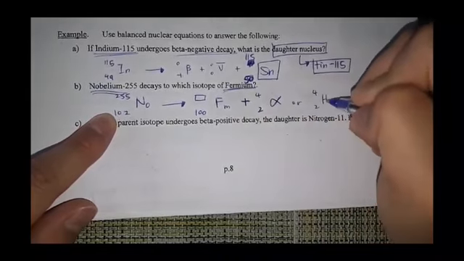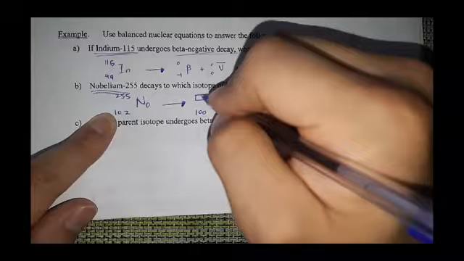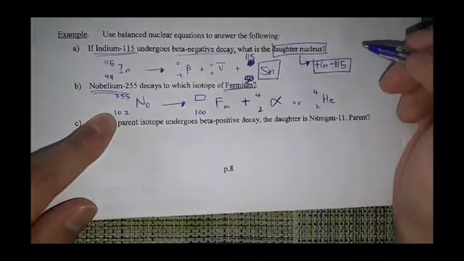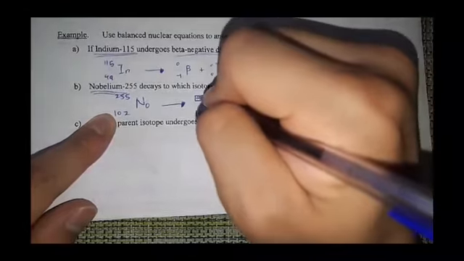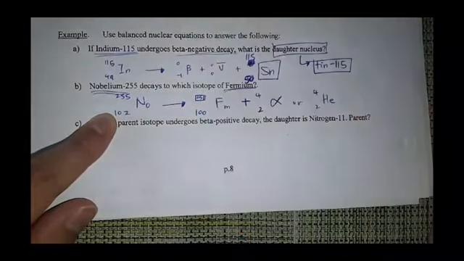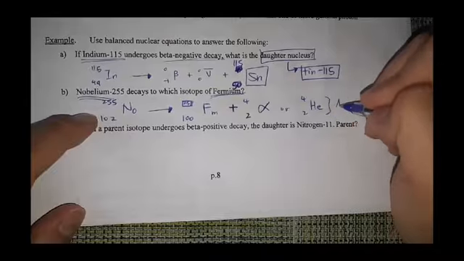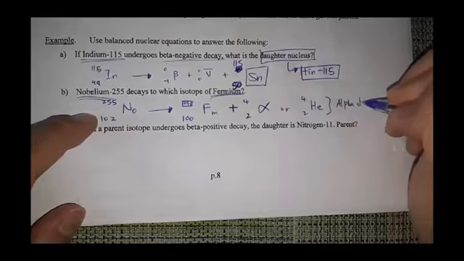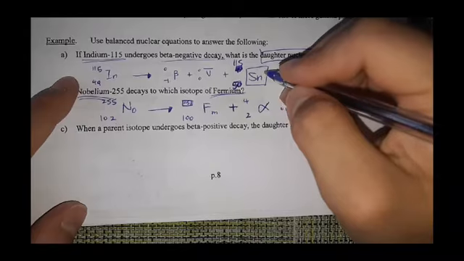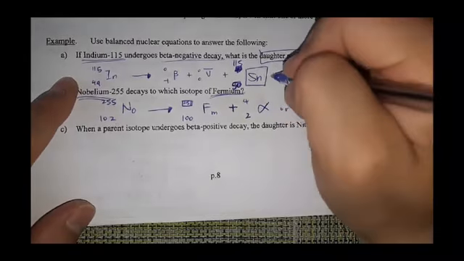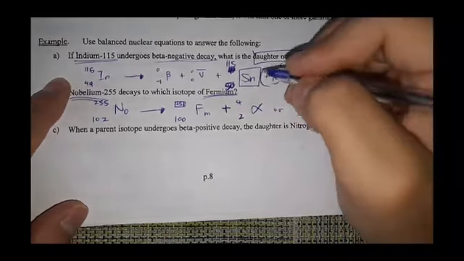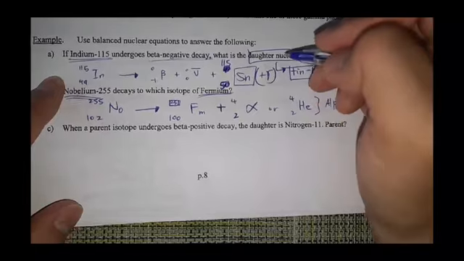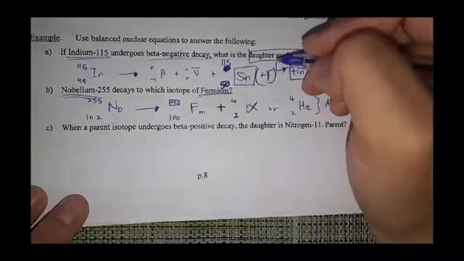And in this situation, 4 plus something that makes 255, so it should be 251 that goes in the box over there. So it turned out to be alpha decay. And the previous one was beta negative decay. Oops, I forgot, possible gamma radiation. There you go.